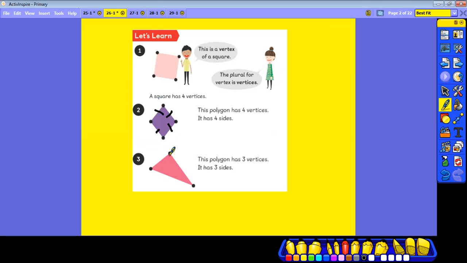And then this polygon here, the pink one, has 3 vertices. 1, 2, 3, and 3 sides. 1, 2, 3. We can also call this shape a triangle, can't we, children? So all of these shapes are polygons because they have straight sides, but they also can have other names. We have to know that a polygon is any shape with straight sides.